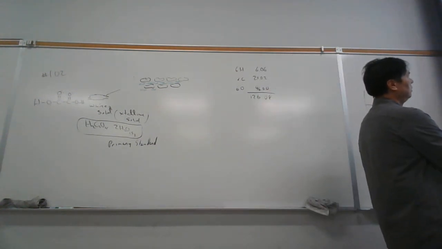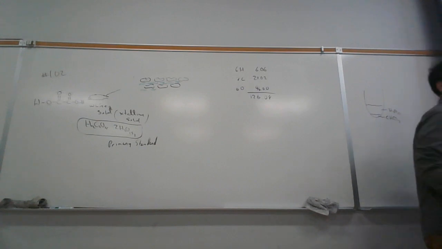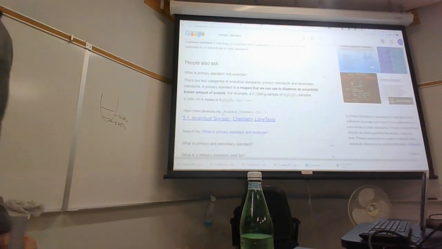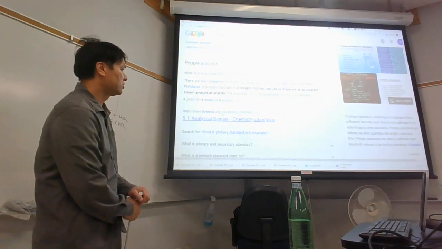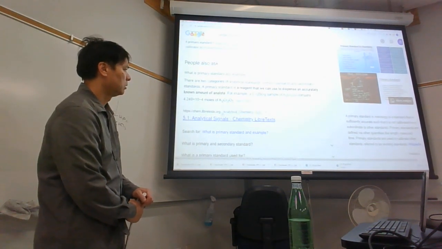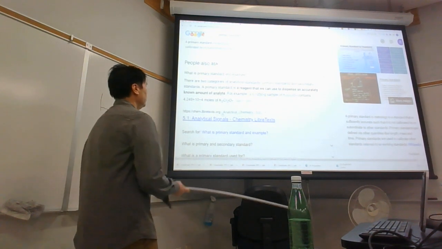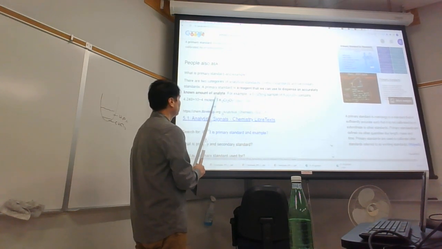You don't have to know this definition, but there are 2 categories of analytical standards: primary standards and secondary standards. And in fact, there's a government agency that's funded by billions of dollars called NIST, which stands for National Institute of Standards. Well, anyway, a primary standard is a reagent that we can use to dispense an accurately known amount of analyte.